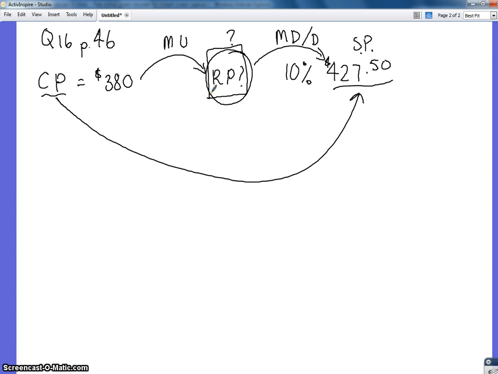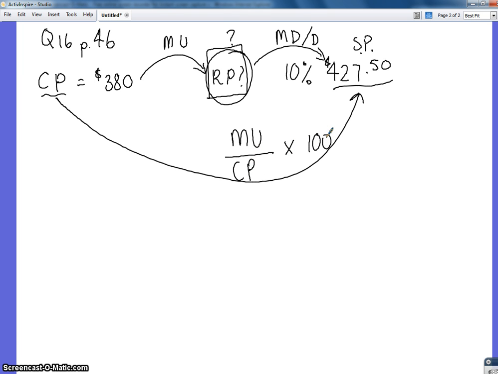So the first thing for us to do, because you've got to read that last sentence really carefully, which is where the question is contained: what is the percentage markup from the cost price? It's the markup from the cost price. What percentage increase?